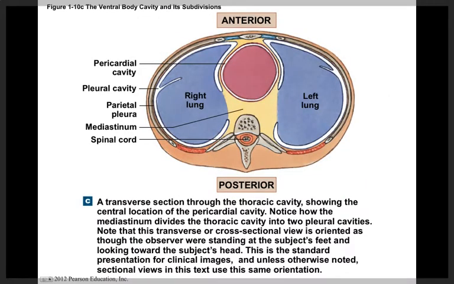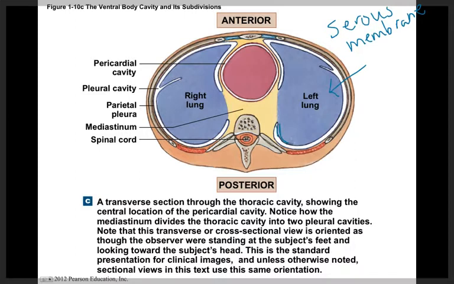The cavities and the organs inside the cavities are surrounded by a serous membrane, and the serous membranes are given a specific name based on whatever cavity or organ they are surrounding. So for example, with the lungs, when we're looking at the pleural cavity, we see here that there is a membrane, this white area in here.